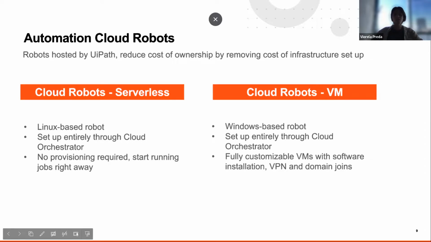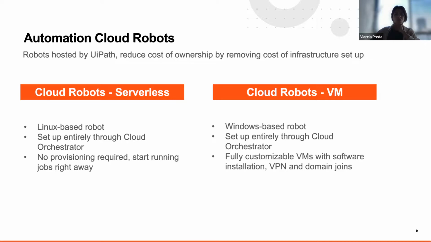Since we introduced these new cloud robots, like Irina said before, we also introduced a licensing model for them, which is Cloud Robots.